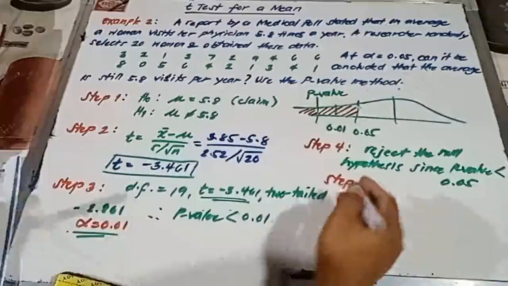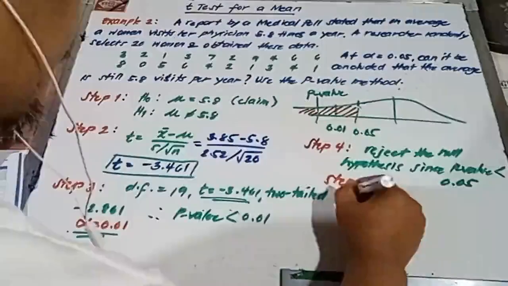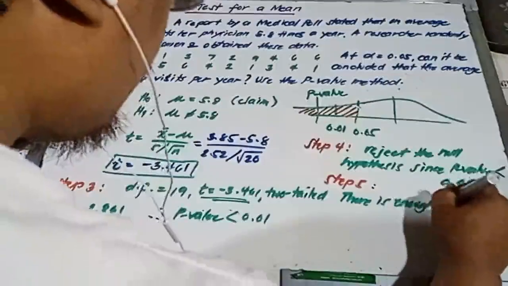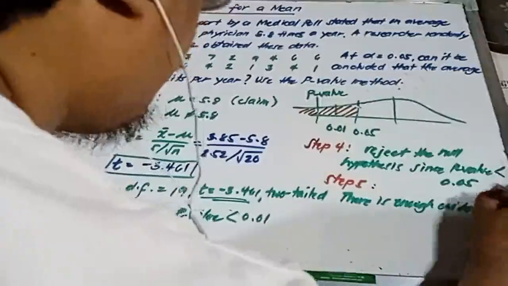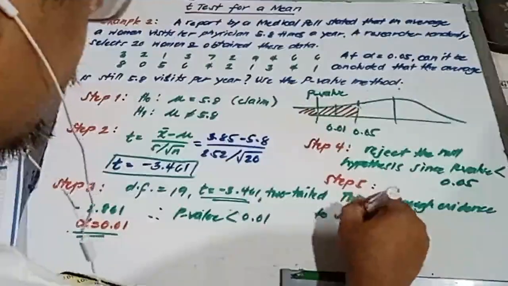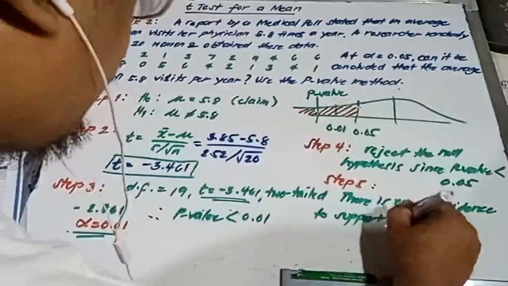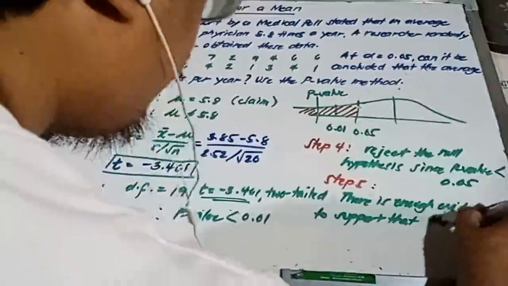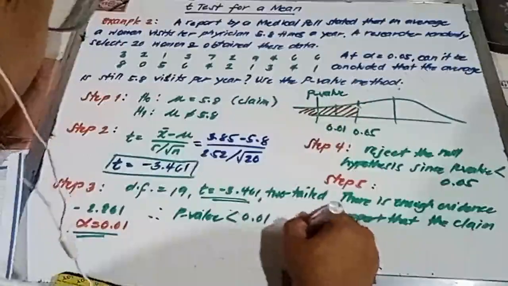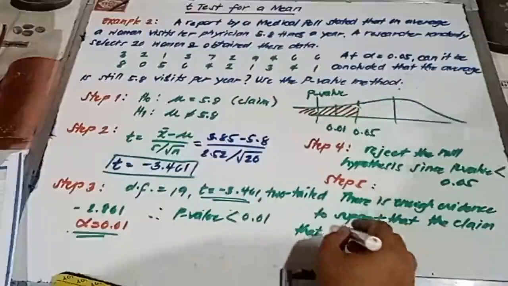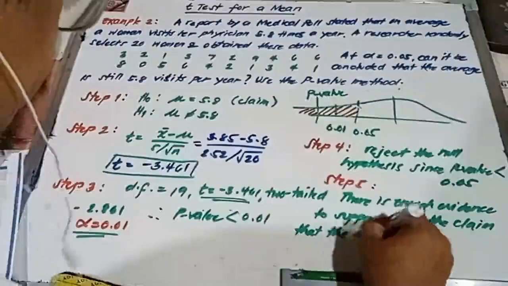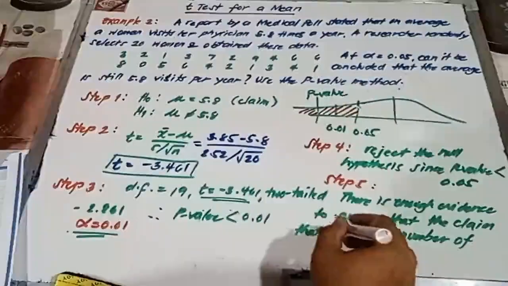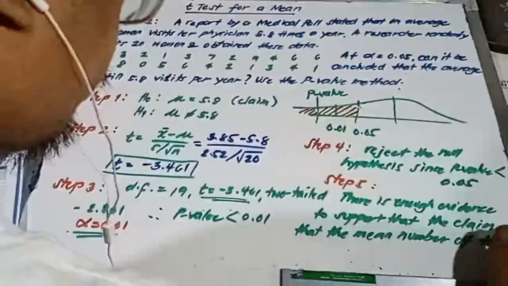So, therefore, our summary is there is enough evidence to support that the claim that the mean number of times has changed.